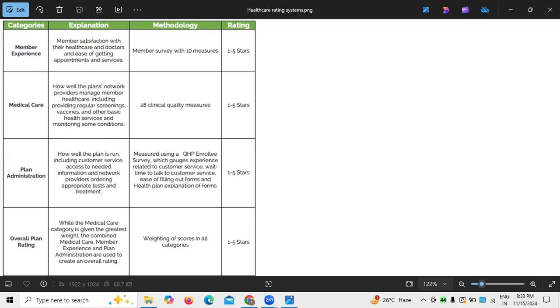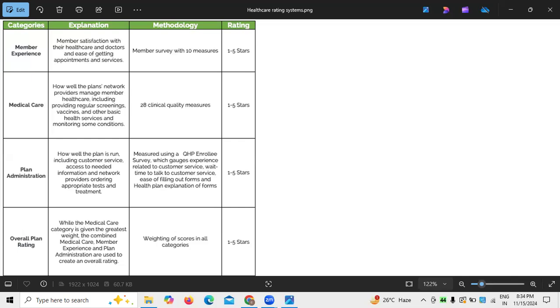All these things come under medical care. This is exclusive to the patients. For this, the methodology is around 28 clinical quality measurements taken in different variants. For that, a 1 to 5 star rating is also given.